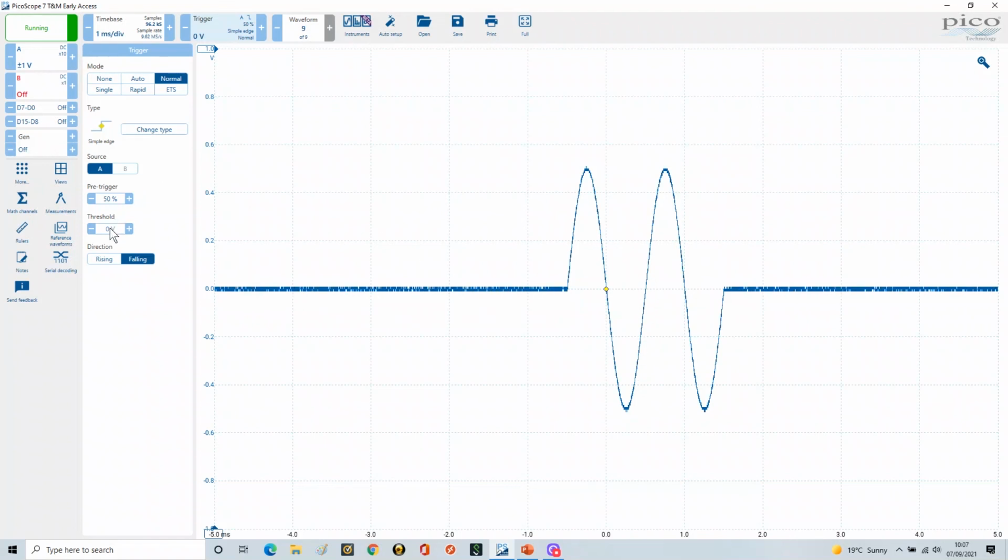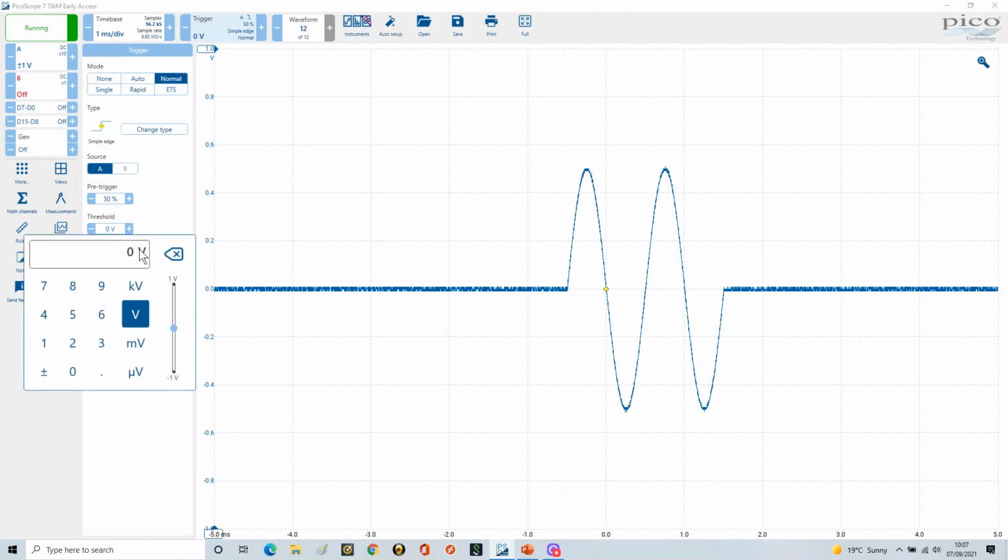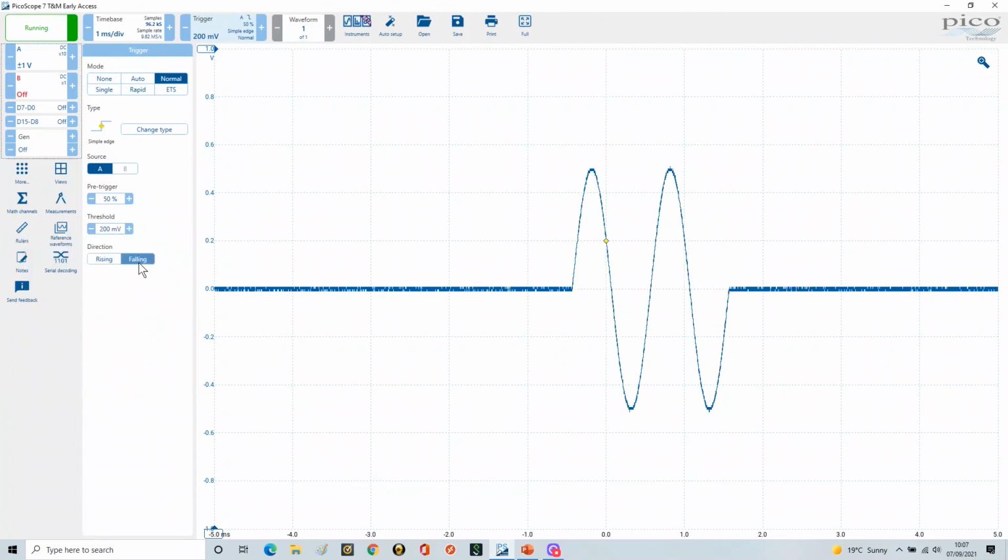And if I change the threshold voltage here, just so that you can actually see what's going on, I'm going to change this to 0.2 volts. So let's just put in 0.2, and this is why the voltage is so important. Now you'll see it's picked it up as it's a positive voltage here, but it's a falling edge. So the signal's going up from 0, it's coming down here, it's caught it as it's coming through 200 millivolts, going in a negative direction, the falling edge, and therefore it's captured it here and is displaying it from that point.